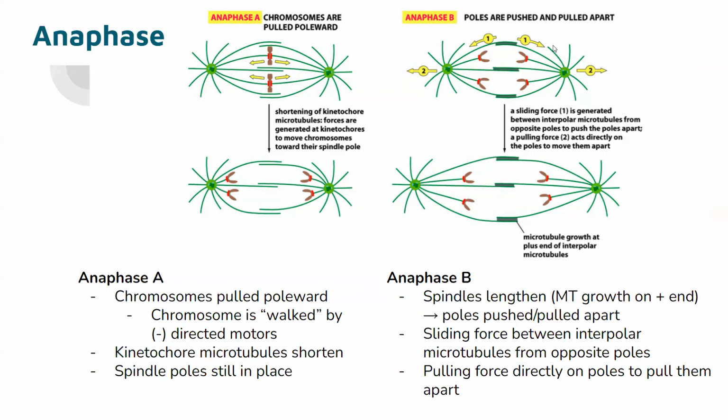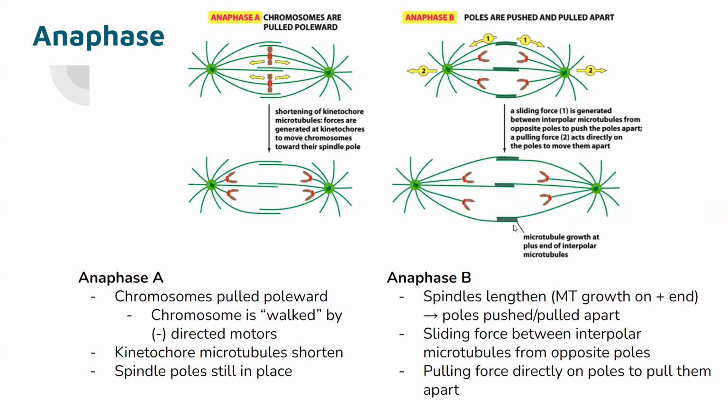So for anaphase B, it's focusing on the spindles lengthening and pushing these poles apart. And then it's also focusing on the forces pulling the poles apart on the ends over here by the aster microtubules, as well as the pushing and pulling.